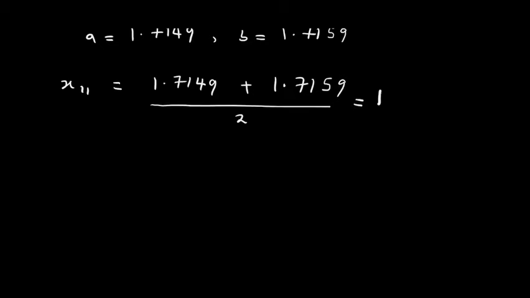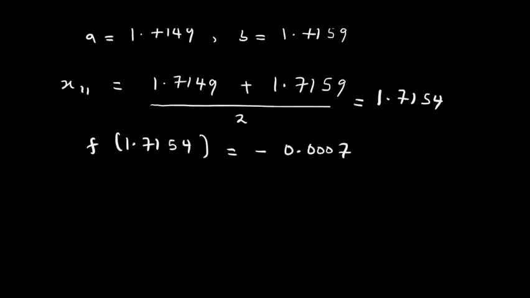This gives 1.7154. So f of 1.7154 is equal to minus 0.0007.